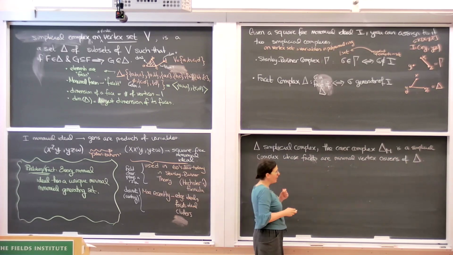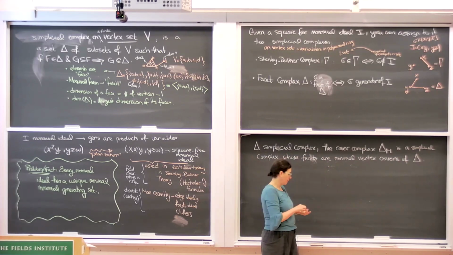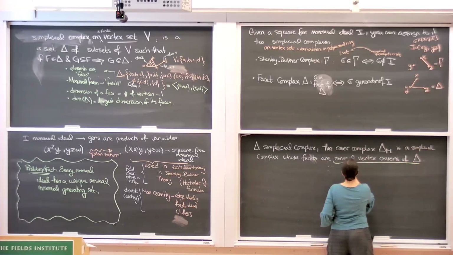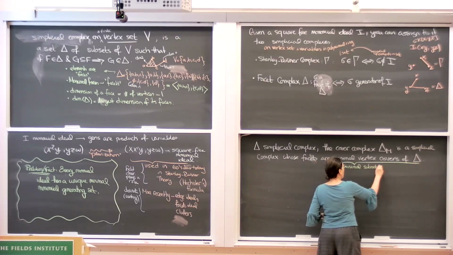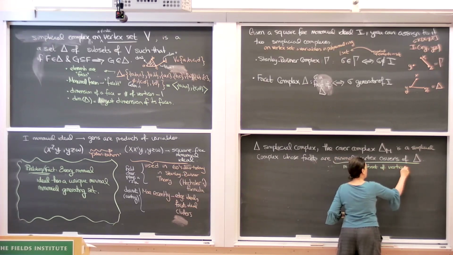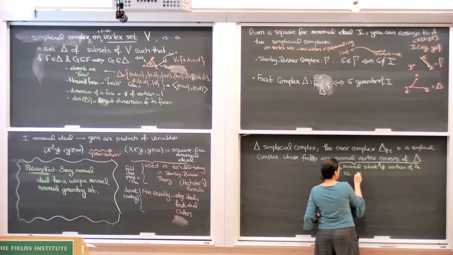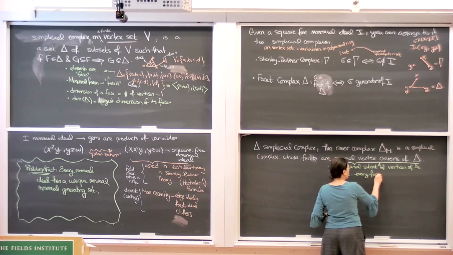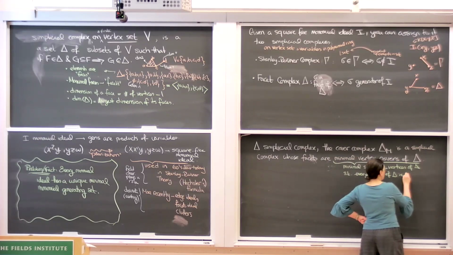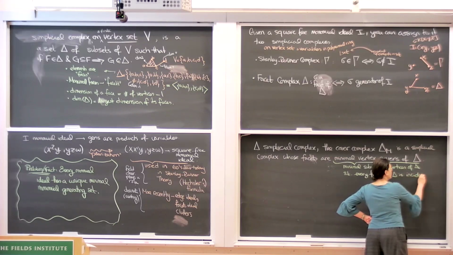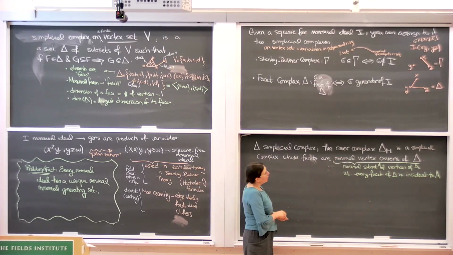A minimal vertex cover is the smallest possible subset A of vertices such that every facet of delta is covered, or incident, to A.